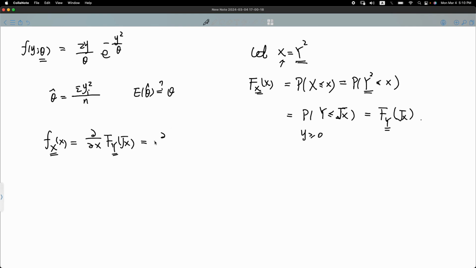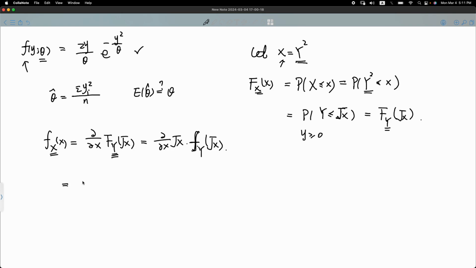One is the derivative of the square root of x, and the other is the derivative of the CDF of Y, which turns out to be just the PDF of Y, evaluated at the square root of x. The PDF of Y is given here, which is the information that we start with.